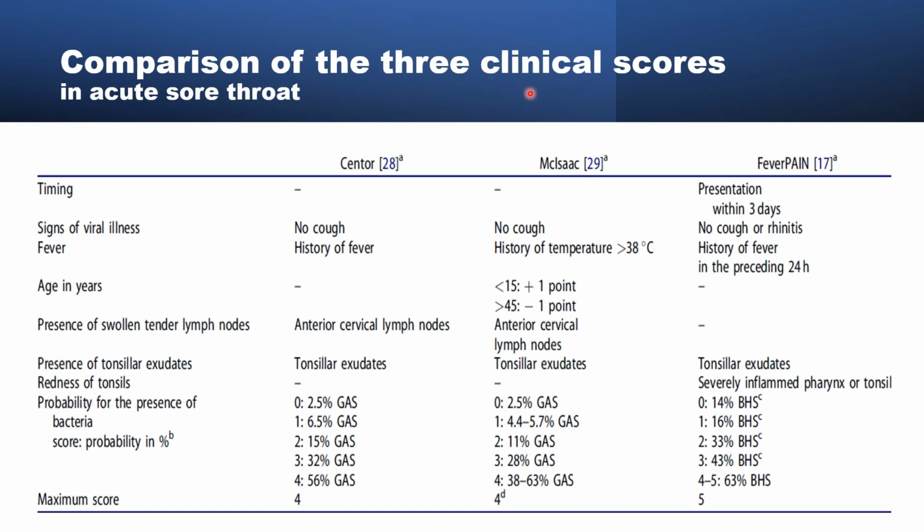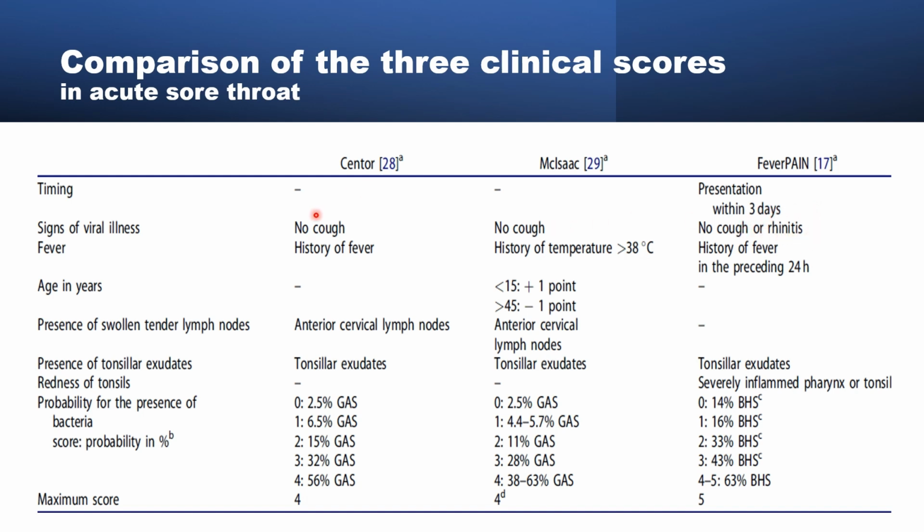This is a quick comparison between the 3 clinical scores. Starting with the Centor, these are the 4 criteria for the Centor. The number 1 criterion is that there should be no cough, and this is repeated by the other 2 scoring systems. The FeverPAIN would add no cough or rhinitis.